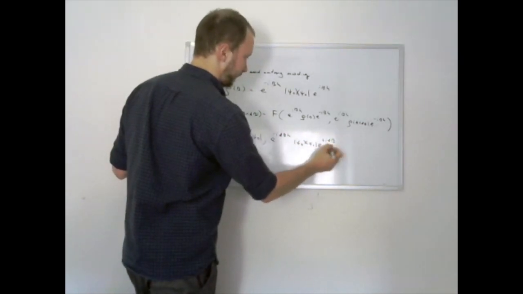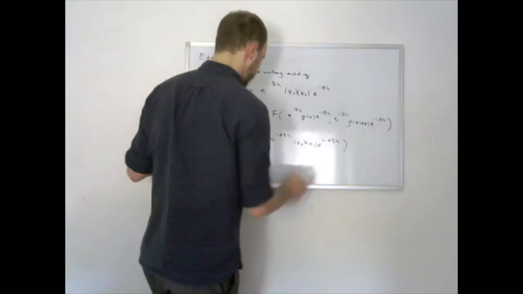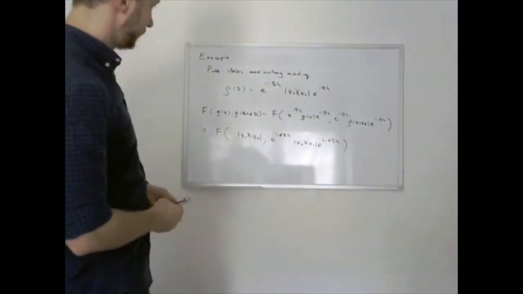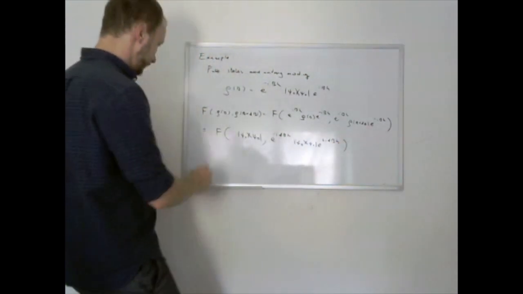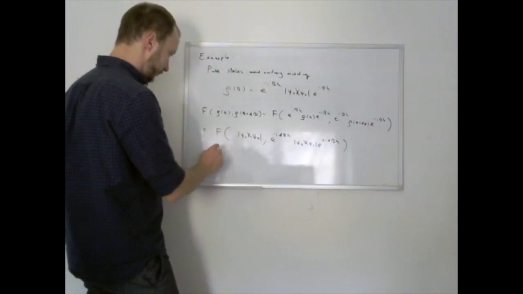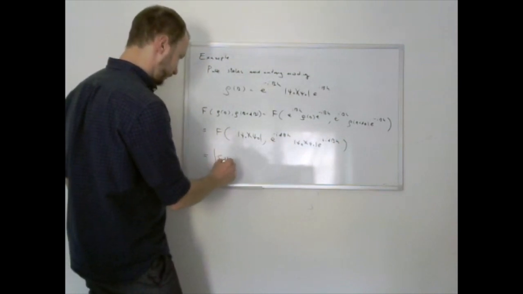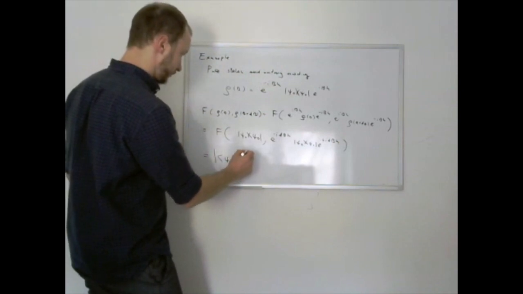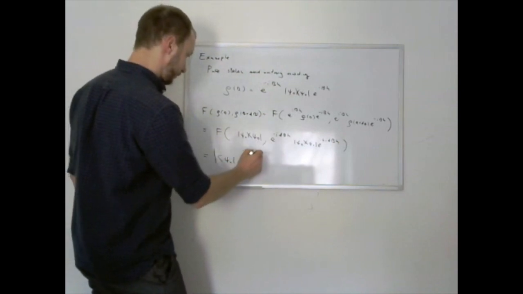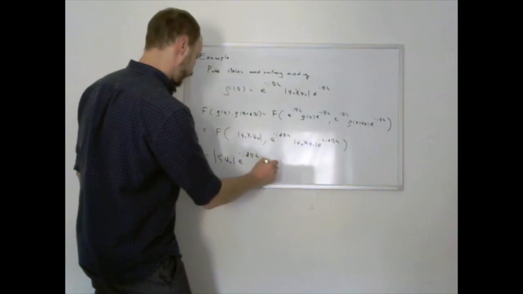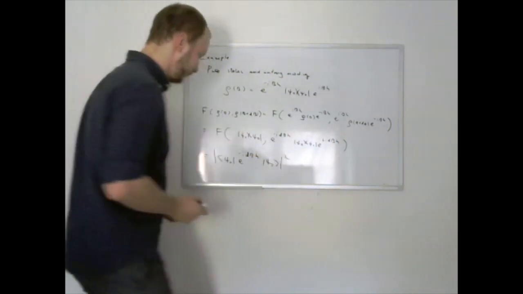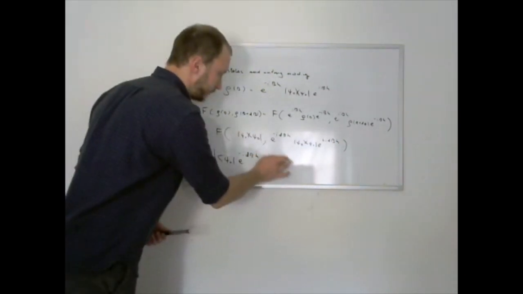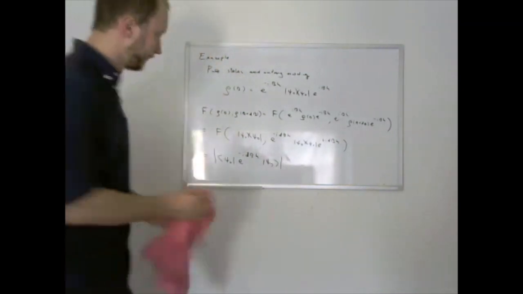We've seen that the fidelity between pure states is just the absolute value of the overlap. So this thing is the absolute value of the overlap of psi 0 with e to the minus i dB H psi 0. No square, just the absolute value. This we have seen as well.